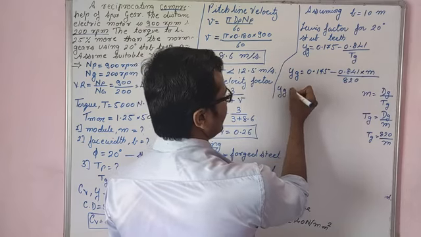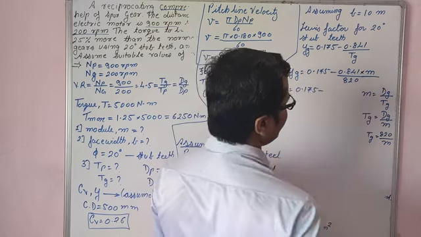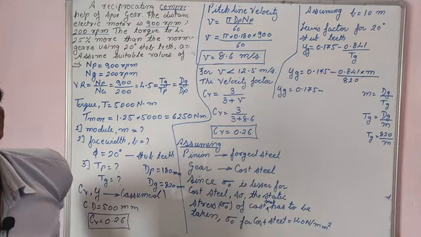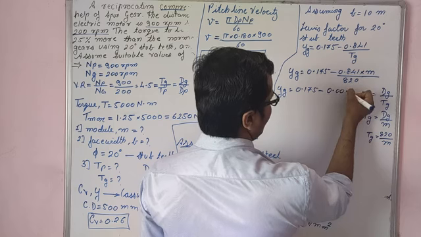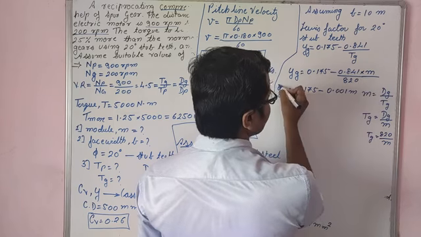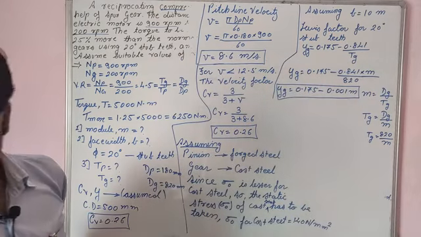We get yg equals 0.175 minus this value as 0.001 times module. So we have yg as this much, right?